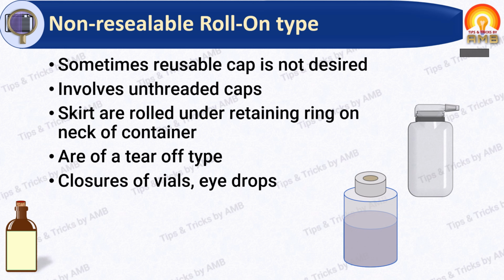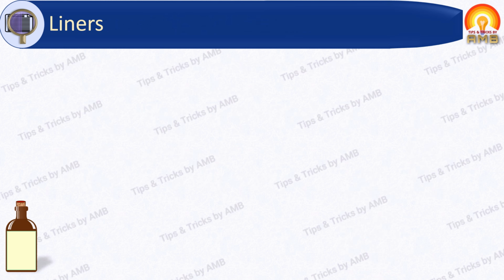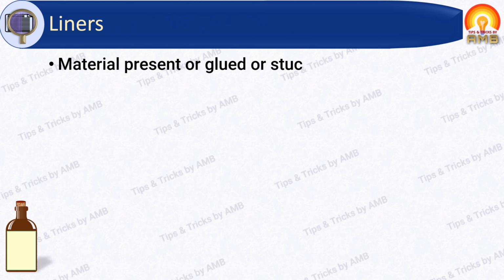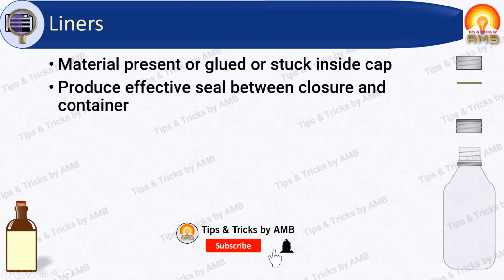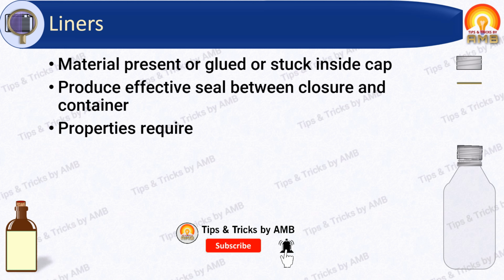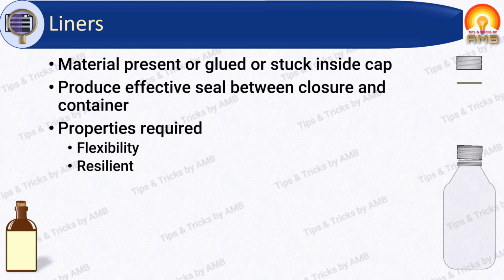Now let's discuss another component of a closure, that is liners. Liner is the material present or glued or stuck inside the cap to produce an effective seal between closure and container. The liner must have the flexibility and resilient property.